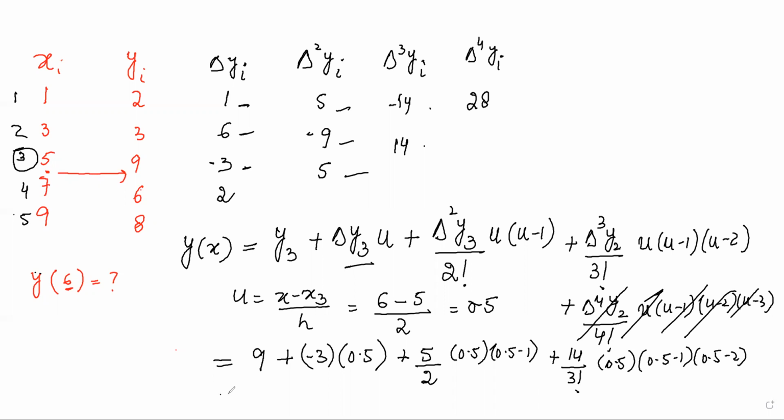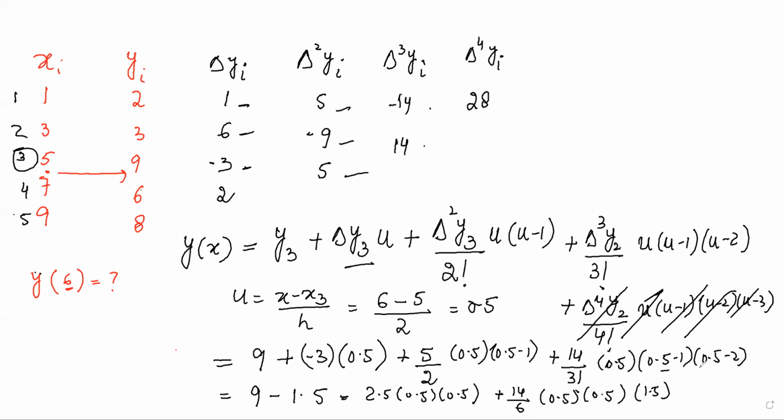The entire expression becomes equal to 9 minus 1.5. Then we have minus again, that is minus 0.5 minus 0.5, so it is 2.5 into 0.5 into 0.5, plus 14 by 6 into 0.5 into 0.5 and 1.5.